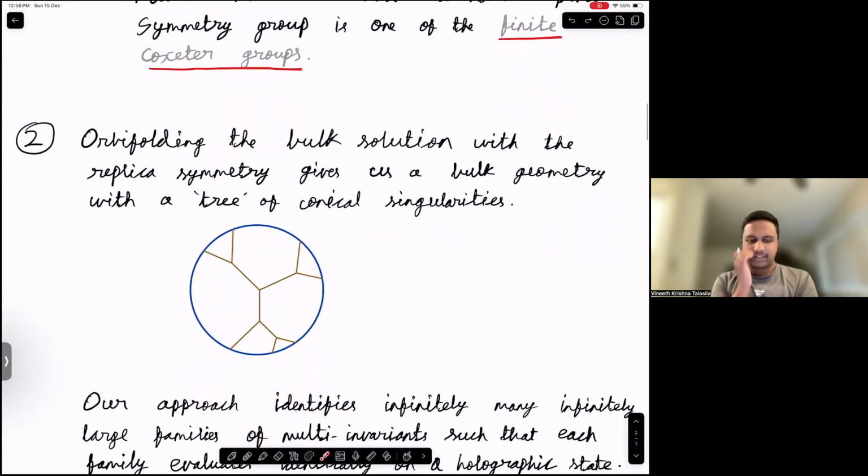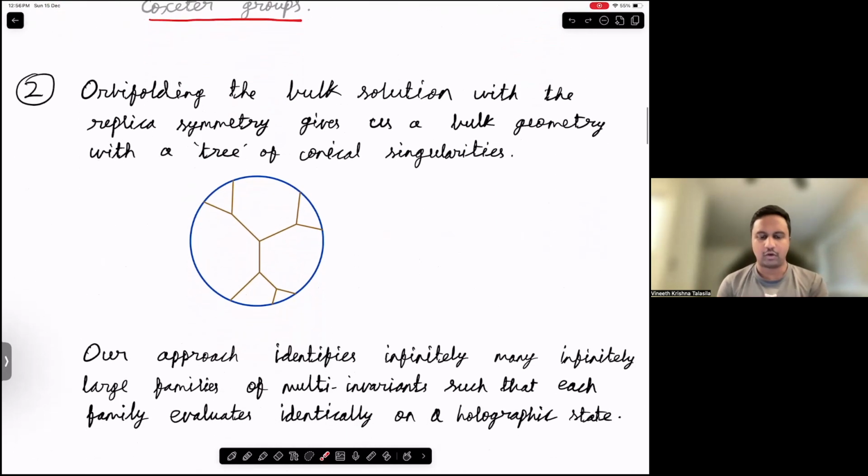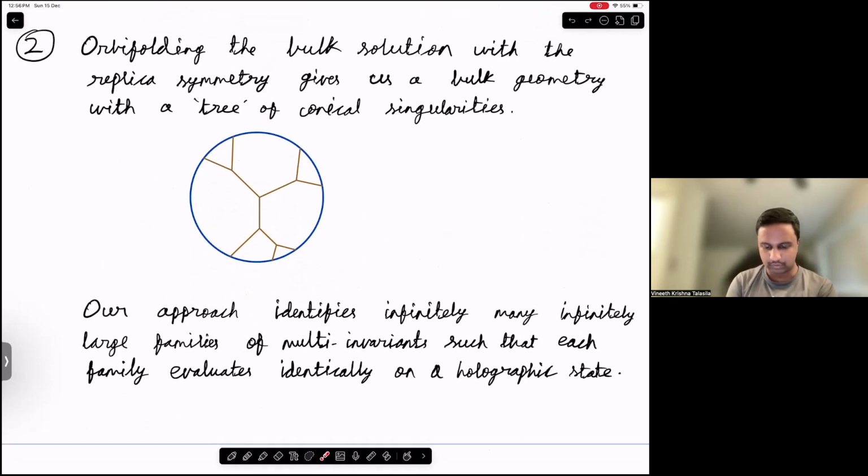The other main result that we have in the paper is that orbifolding the bulk solution with the replica symmetry will give us a bulk geometry with a tree of conical singularities, which will in general look like this. And our approach identifies infinitely many and infinitely large families of multi-invariants such that each multi-invariant in a given family evaluates identically on a holographic state.